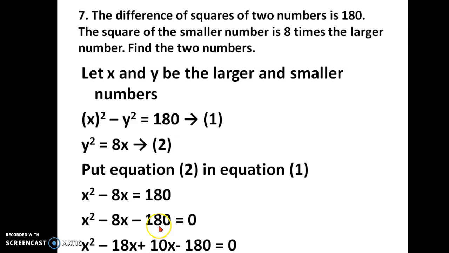Here these two coefficients should be multiplied, 1 into minus 180. So minus 180 is split into two factors so that when added or subtracted you get minus 8. Minus 18 and plus 10 means what you will get? Minus 8 you will get.